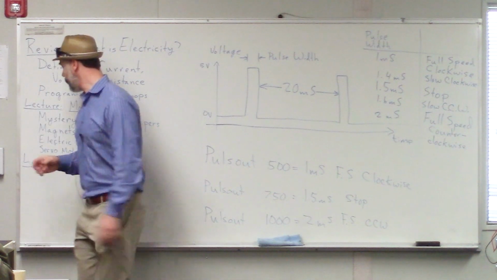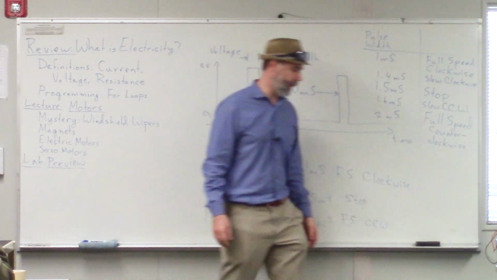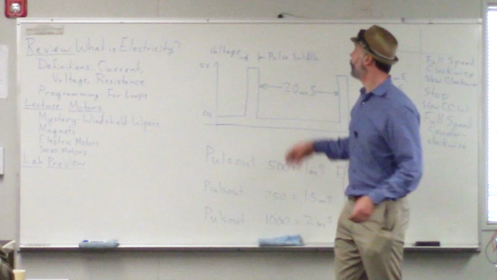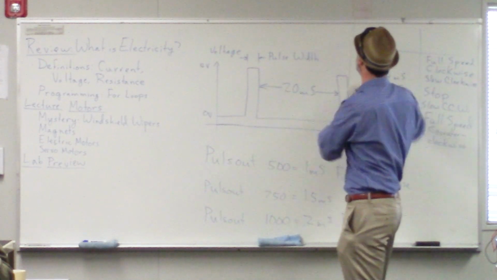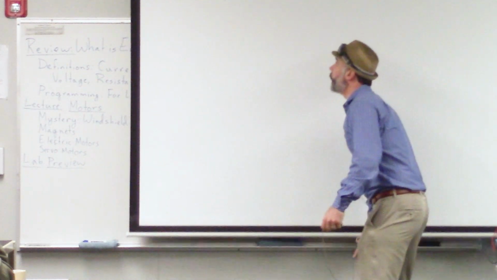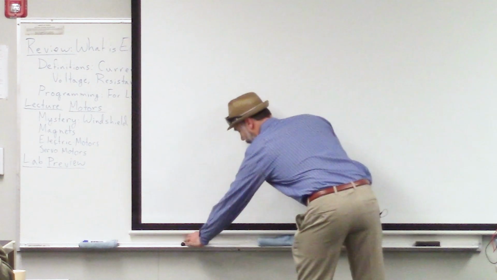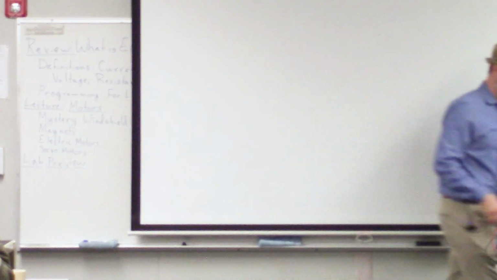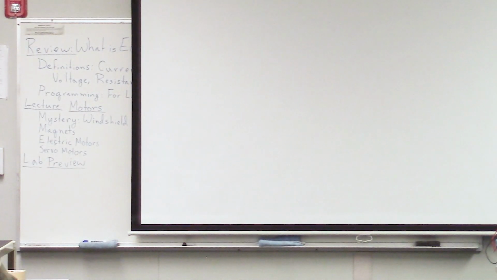Okay, so then let's go on and do a preview of today's lab. Like I mentioned earlier, we're going to get to actually play with these motors and make them turn during our lab.